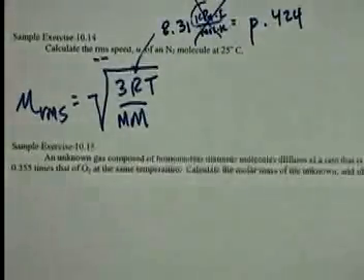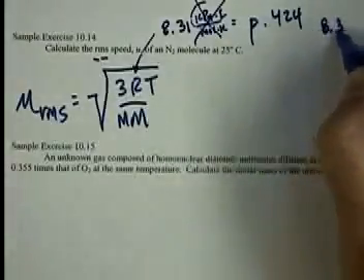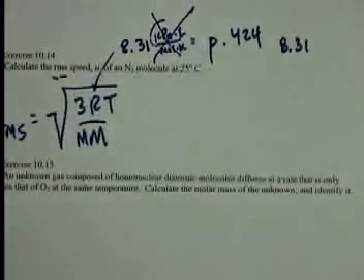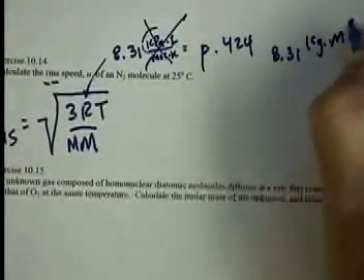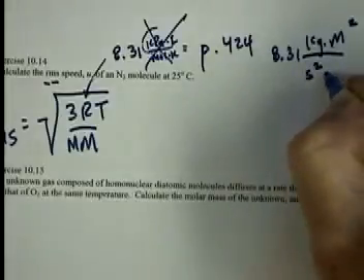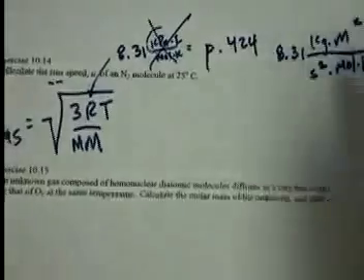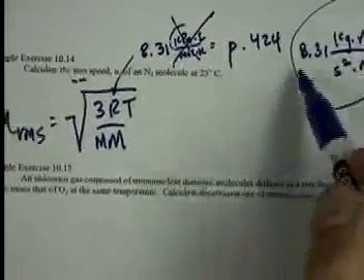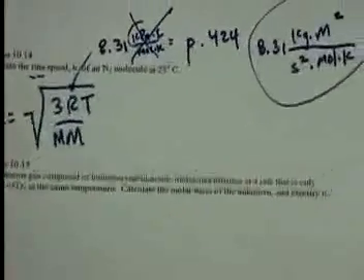So ignore those units for now, and just know that the units are going to be 8.31. The ones we're going to use in here are kilogram times meter squared per second squared times mole Kelvin. Okay, that's what the units on the R, or the universal gas constant, that we're going to use are.